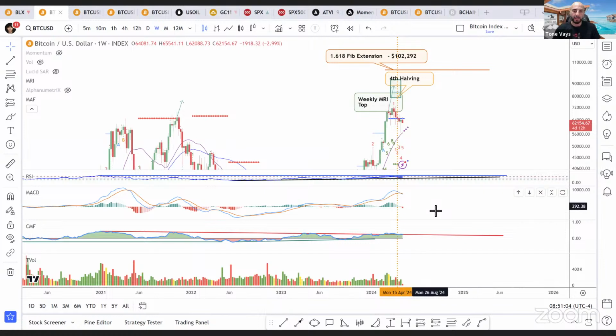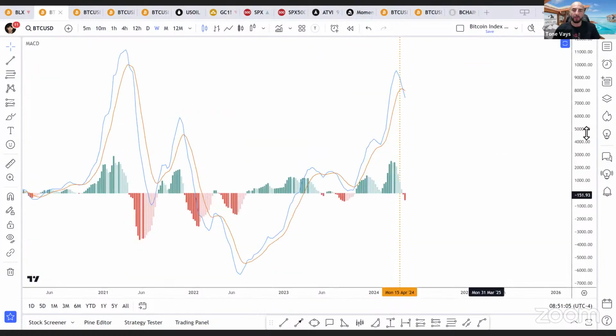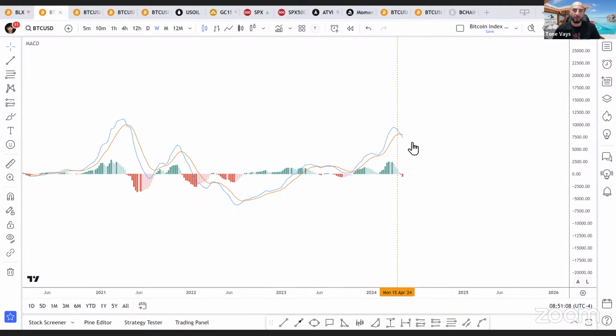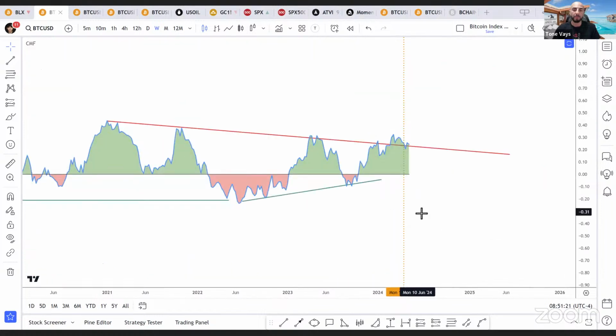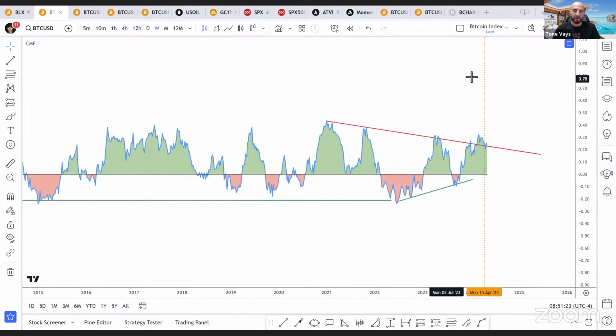The MACD looks absolutely terrible. This is indicating a significantly prolonged bear market on the weekly chart. If you use the MACD, something to be concerned about. The CMF, however, is painting the opposite picture, that we are about to reverse any minute and go to new highs.